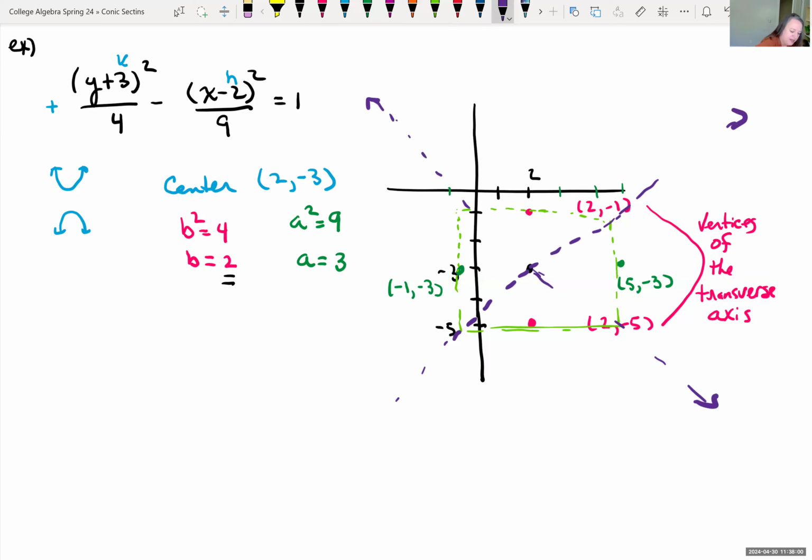This kind of tells me how wide this parabola shape is getting. And so I can plot it from, this is the vertices on my transverse axis. This is where like the vertex of that parabola shape is changing. And so we'll be hugging these lines.